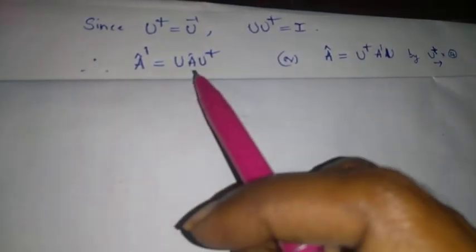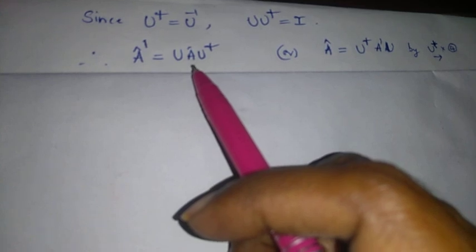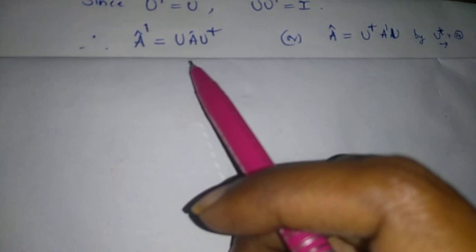And if we had multiplied equation number 4 by U dagger from the left side, we should have been getting A is equal to U dagger A prime U. So we can say that under the unitary transformation, the operator A has transformed to the A prime operator, which you can obtain by this product.